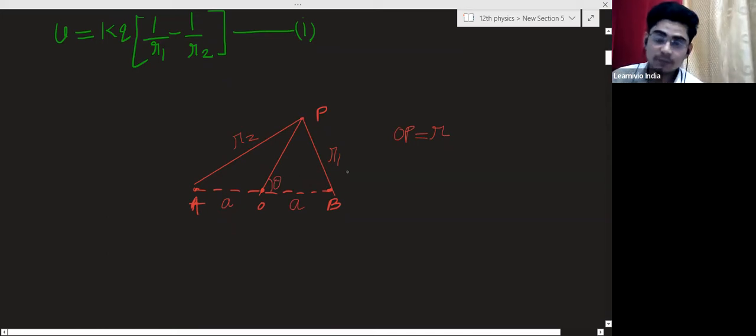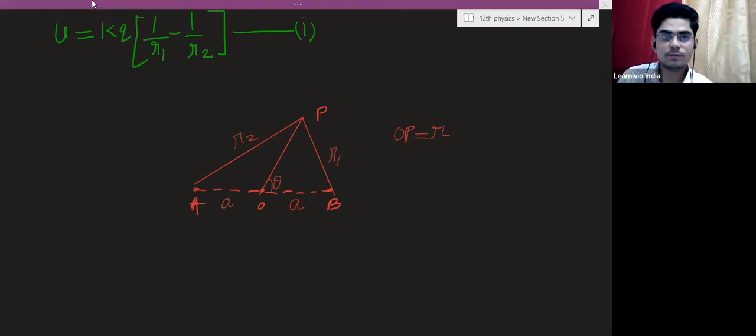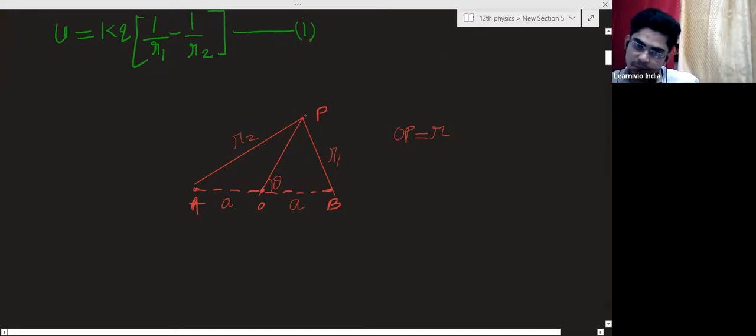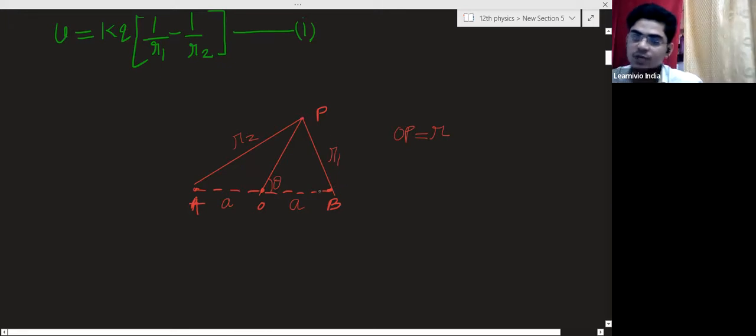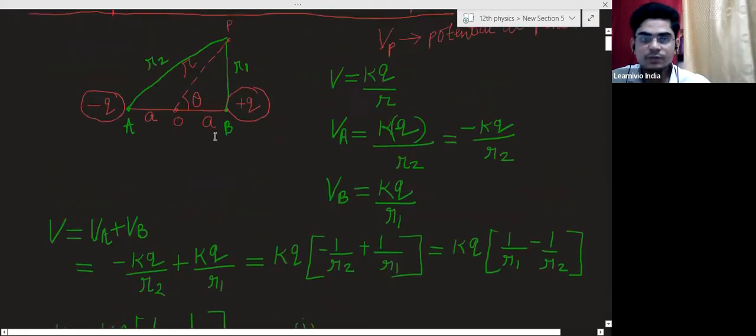Now we have to do the construction. I am doing it with a different color. I am drawing a perpendicular from this line OP at point B, where minus Q charge is placed. Sorry, here plus Q charge is placed, and here the charge is minus Q. You can see in the diagram.